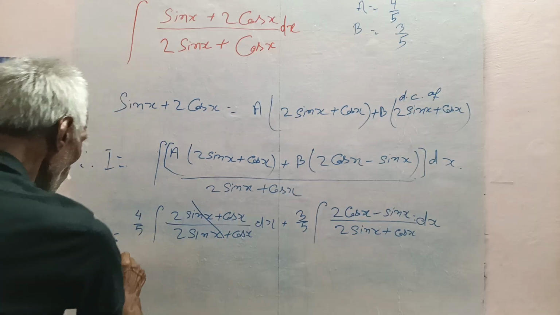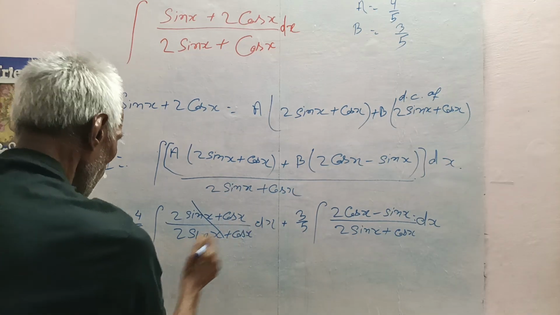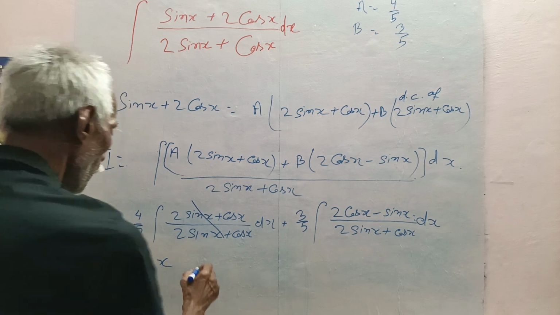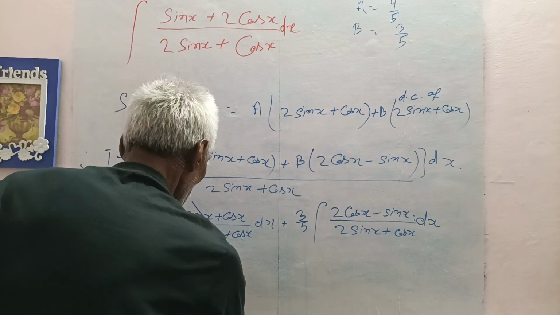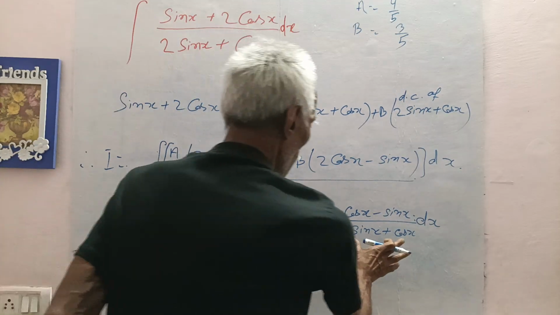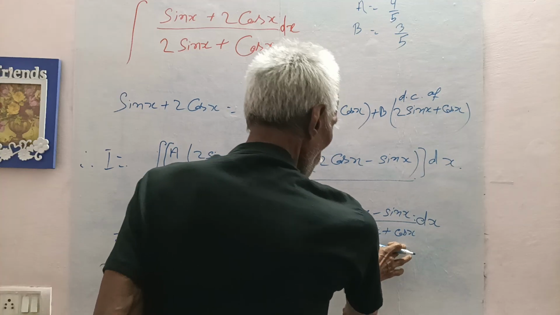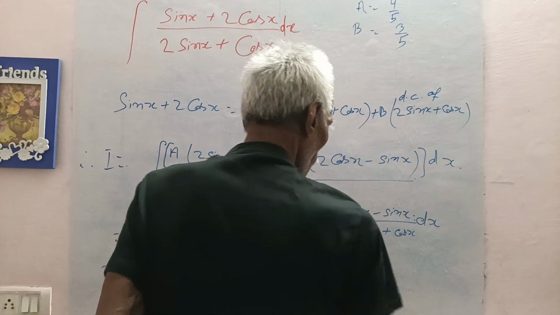Here will be 4/5 integration dx, that is x, and here will be 3/5, and the differential coefficient of this is equal to this.